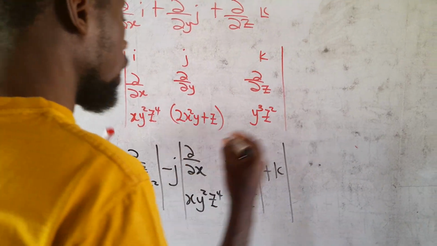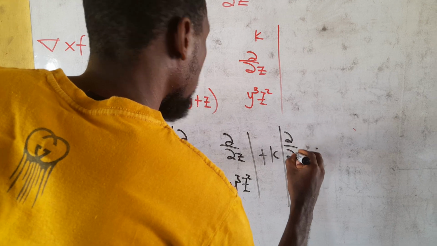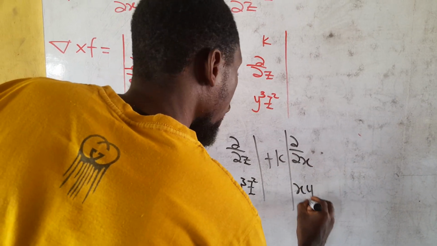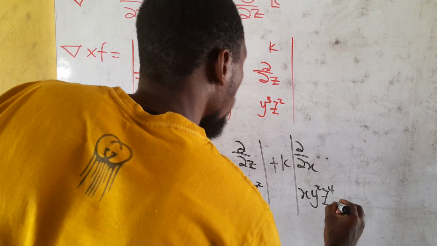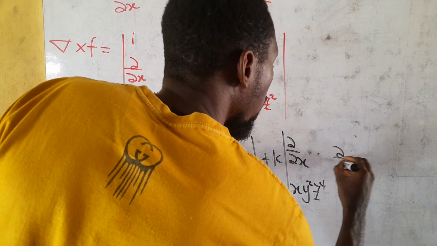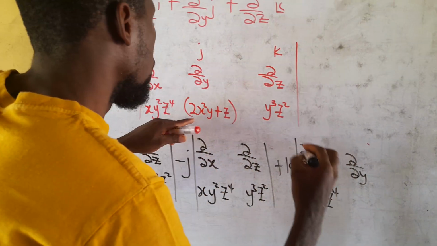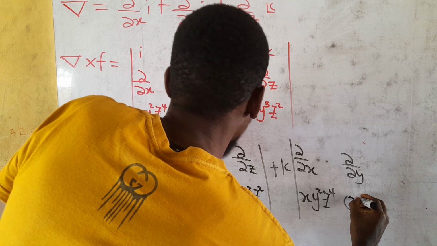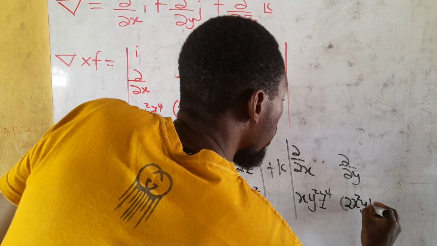And what is not under the k is del over del x of x y squared z exponent 4, then del over del y of 2x squared y plus z.